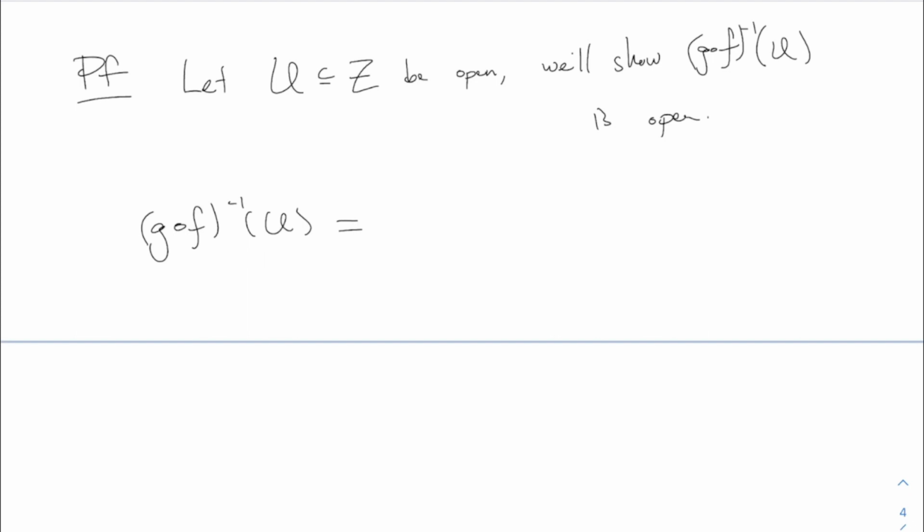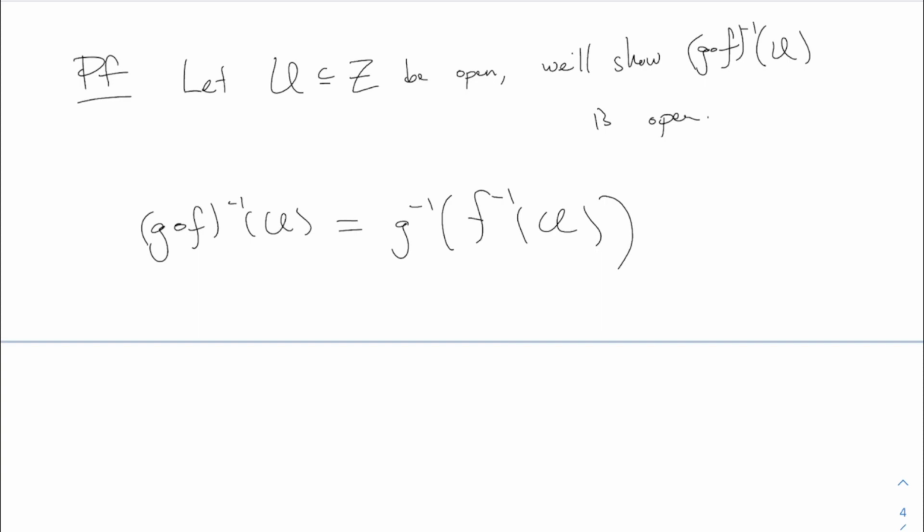Something like, is this G inverse of F inverse of U? Like, I want to somehow deal with this as two inverses, right? What if I say, you should ask yourself, is this really true? Can you do that with a function inverse image?